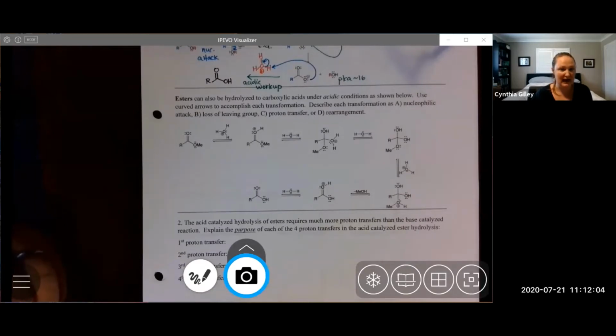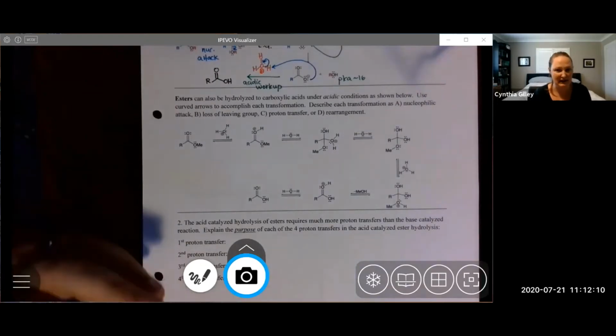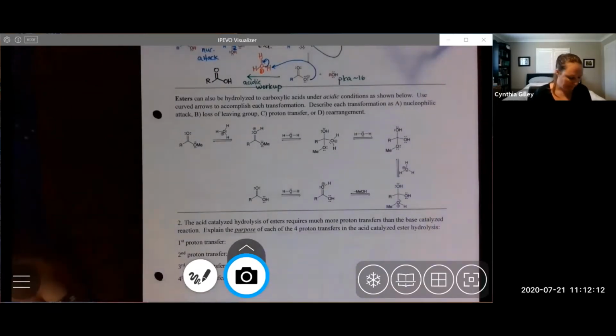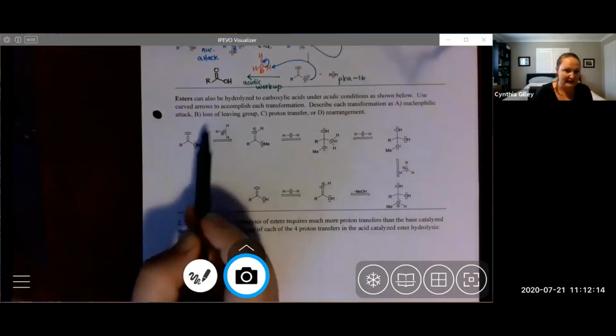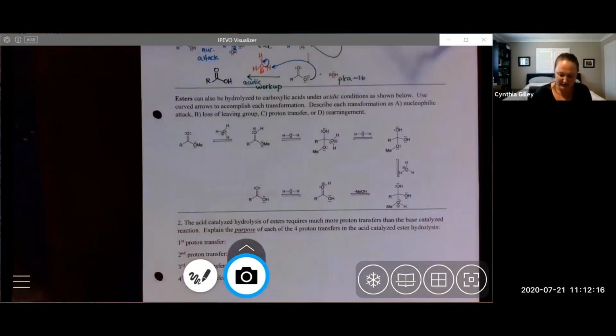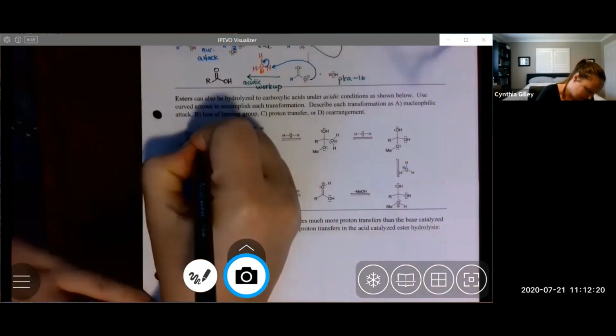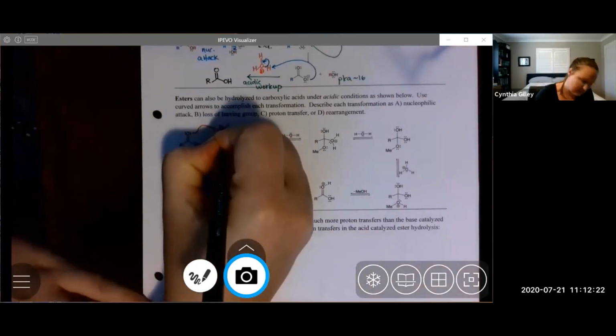Okay, so the activation energy is simply too high for those two stable things to want to spontaneously react with one another. So that's where the catalytic acid comes in. That is crucial. So what does the catalytic acid do? Well, it protonates.